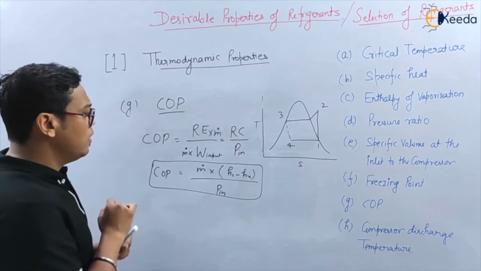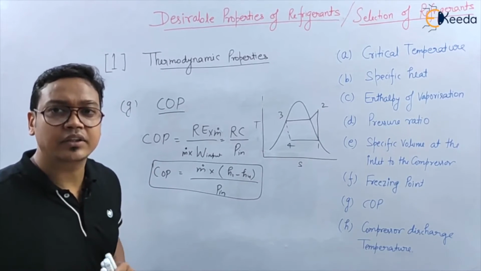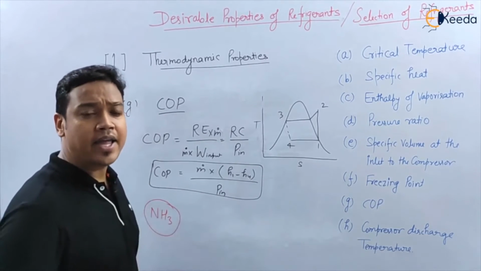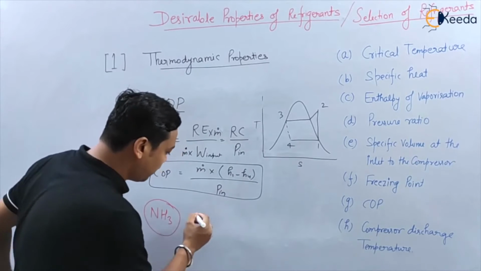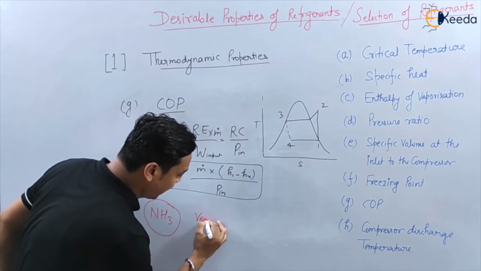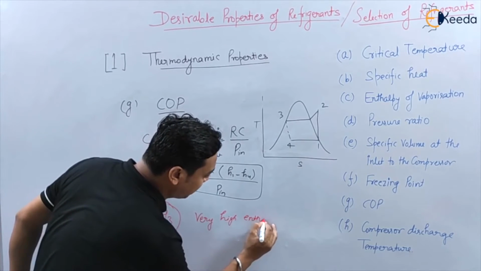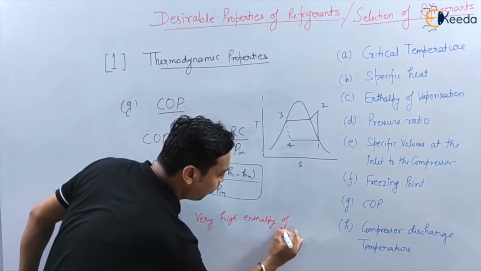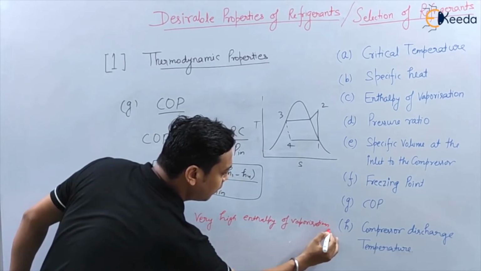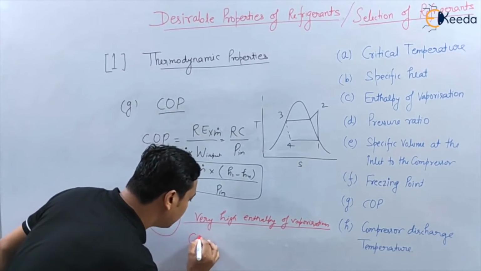Now, there is one exception. The exception is that ammonia has a very high enthalpy of vaporization, but this will not improve the COP.